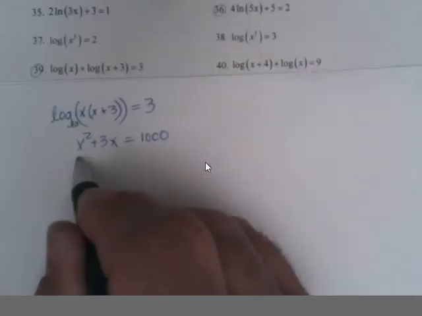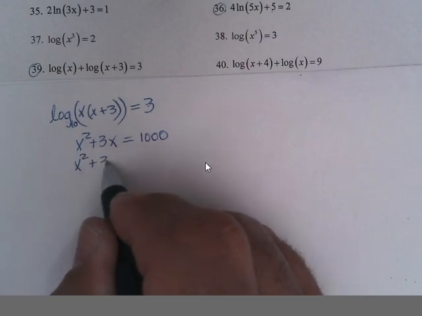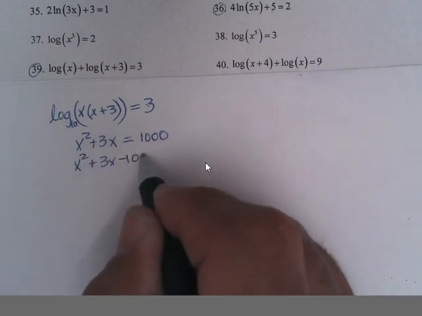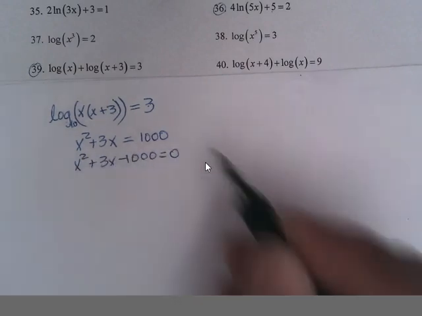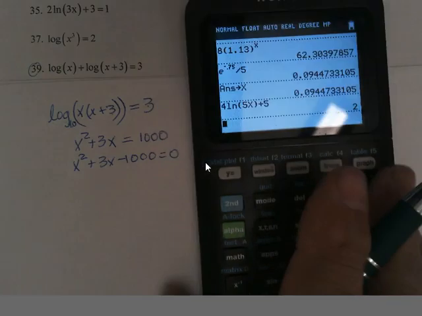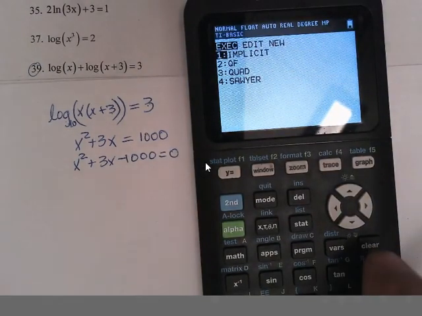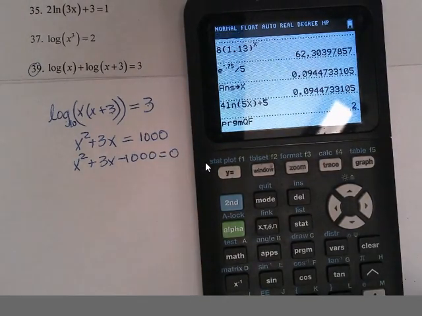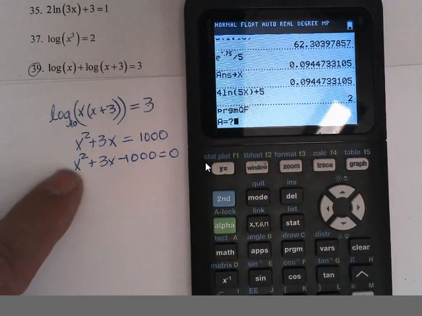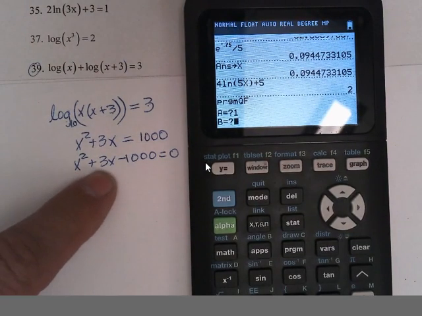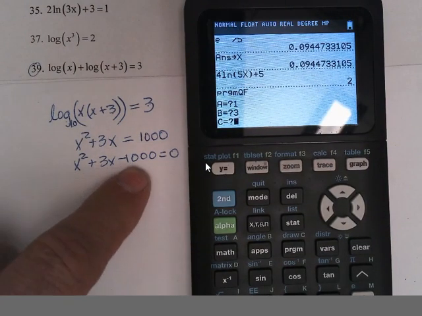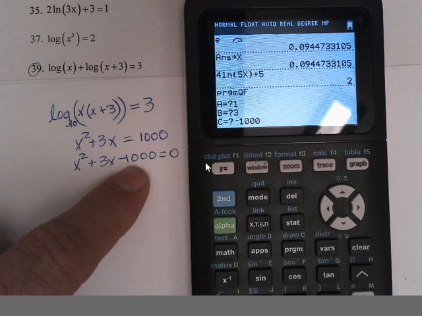So x squared plus 3x minus 1,000 equals 0. And I'll use my quadratic formula in my calculator. My A is 1, my B is 3, and my C is negative 1,000.